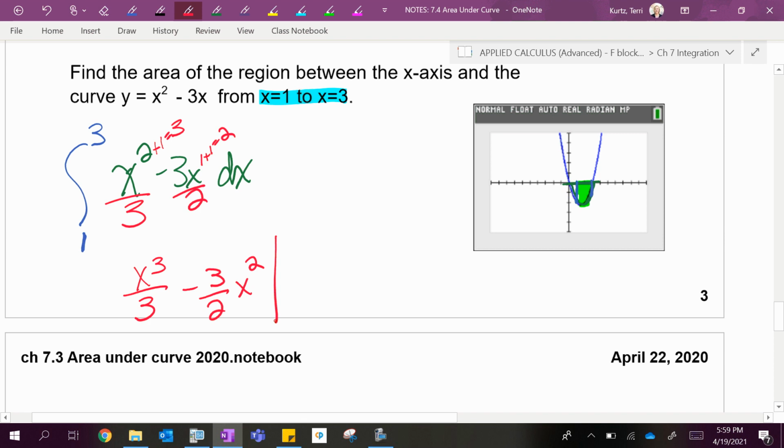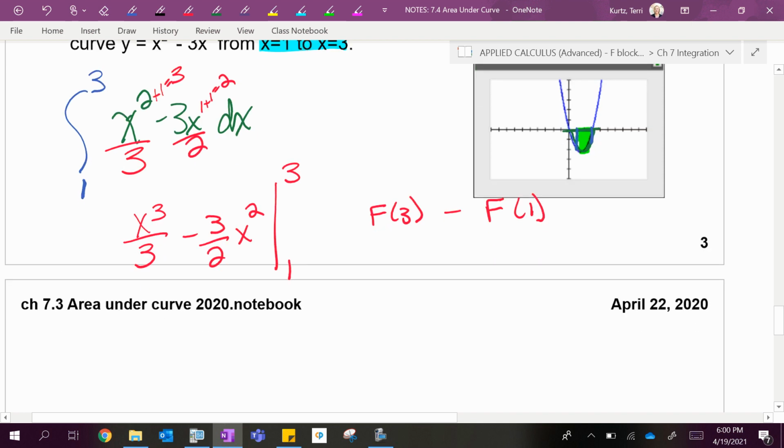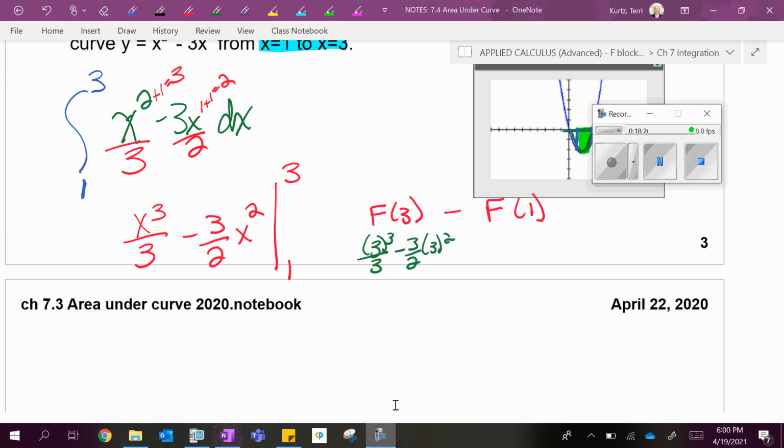Okay, and we want to evaluate this again from 1 to 3. So we want to find the value of f at 3 and subtract from it the value of f at 1. Okay, so I'm going to say 3 cubed over 3 minus 3/2 times 3 squared. So again, let's plug this in.